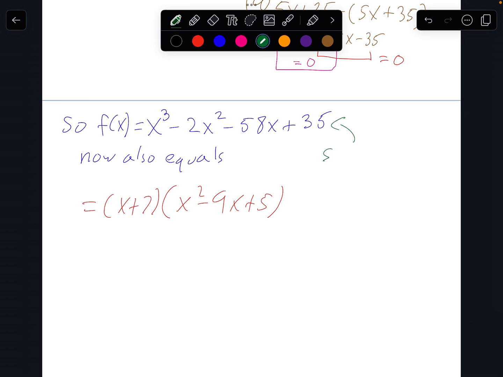Our original polynomial is given to us in standard form. After figuring out this factor here, and using division to figure out this factor pair, we have now written this polynomial in factored form.